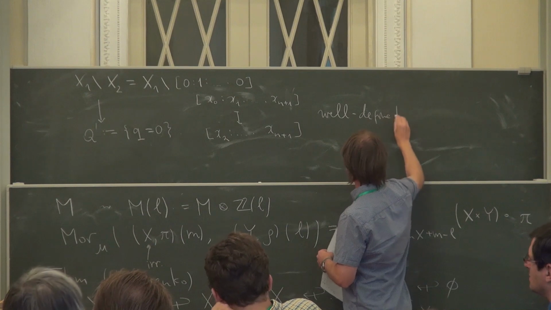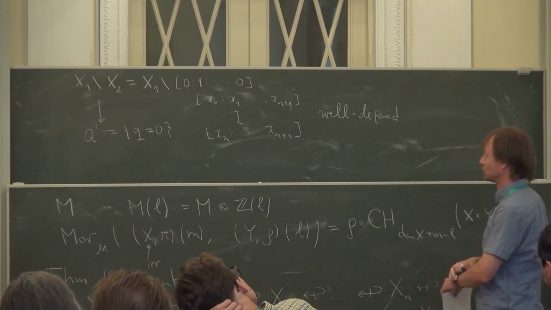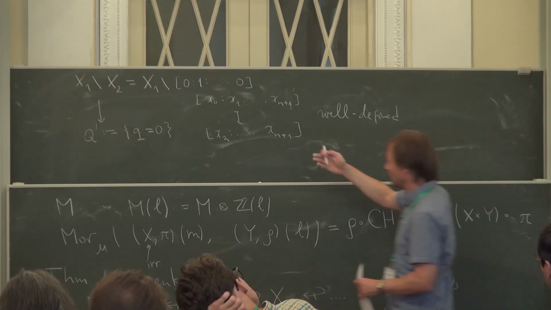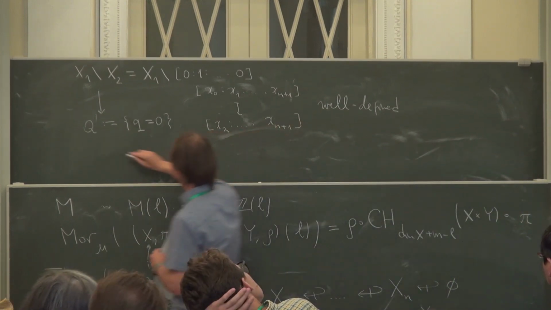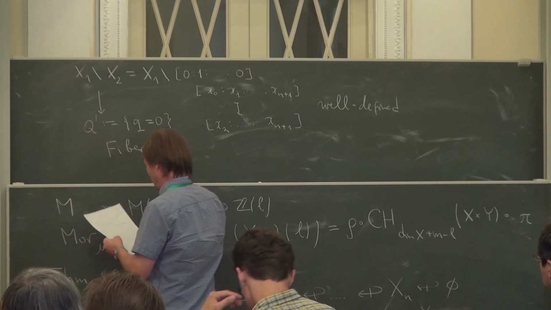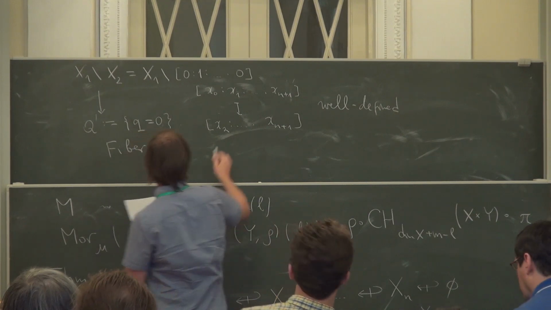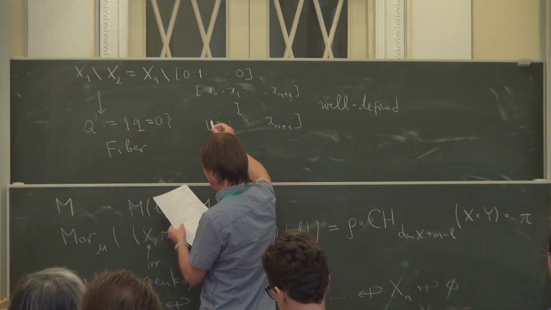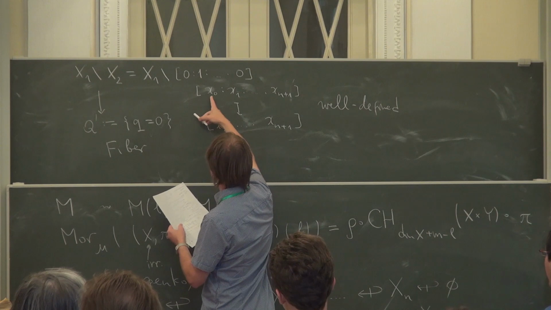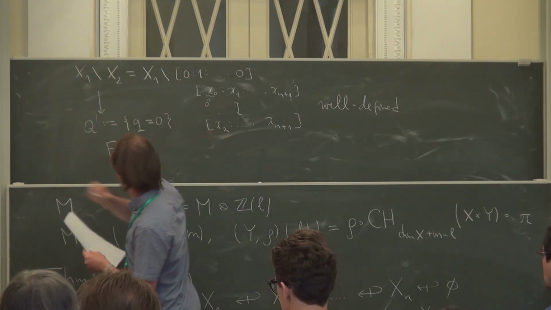It fits exactly. So we need to remove x2. So what is the fiber of this projection? Well, it's really an easy computation. If we fix this point, then as I said, x0 is always 0 because we are on x1.